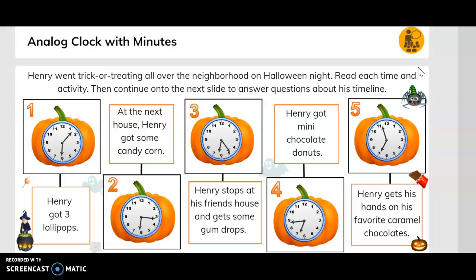What time is it? Write it down. Henry gets his hands on his favorite caramel chocolates. I'll give you a second to finish, and then we'll go over the answers.